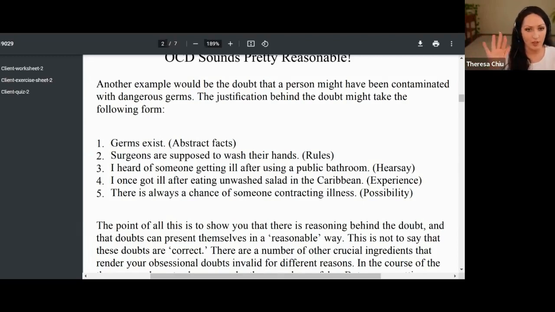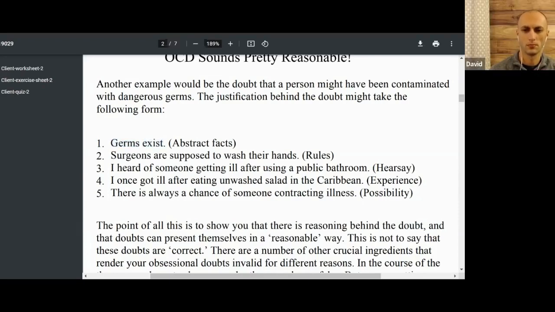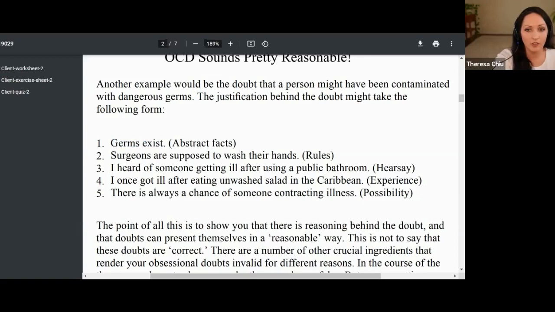Their reasoning process is actually like, no, germs exist. Their reasoning process is like, no, no, no. Surgeons are supposed to wash their hands. Obviously, I should be worried too. Their reasoning process is going to say, I heard someone getting sick. Obviously, OCD has a point because it's using these reasoning categories.